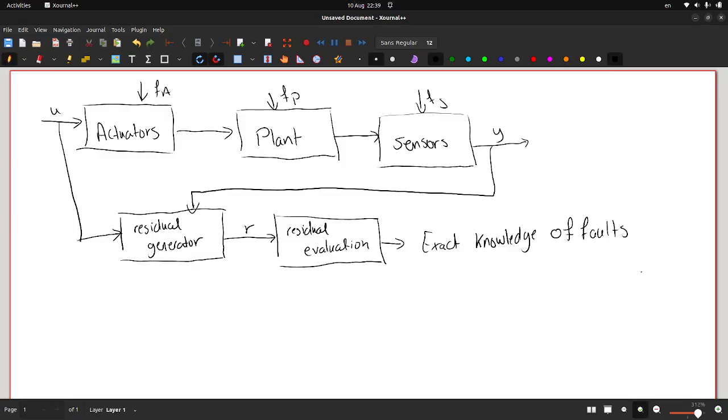Welcome back, everyone. Today we will be discussing the idea of the knowledge of the residual, which we talked about last session, which is the output of this residual generator. So our idea today is to have three important rules.